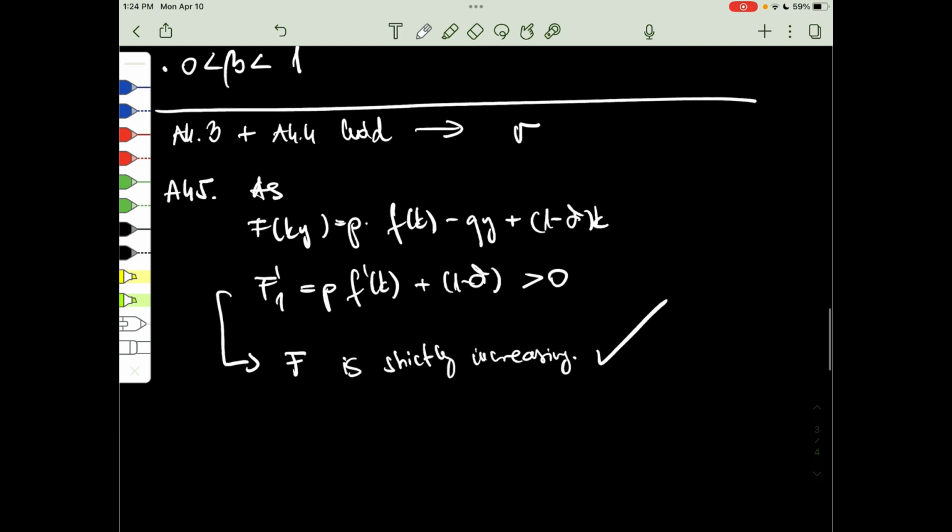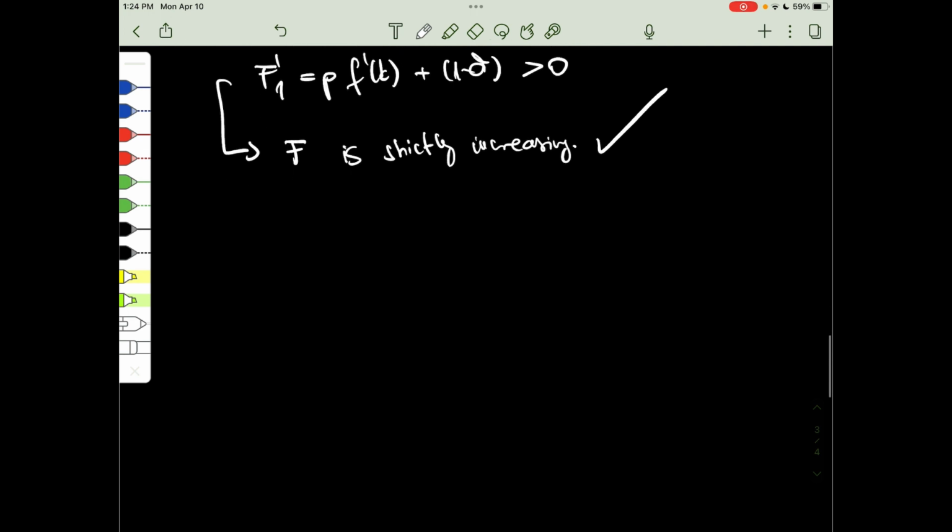Great. F is strictly increasing. Assumption 4.5 holds.